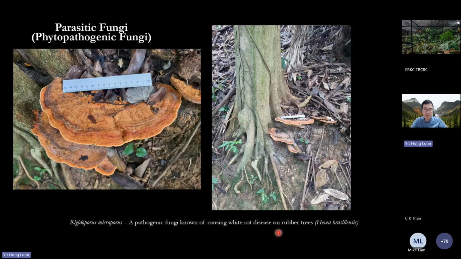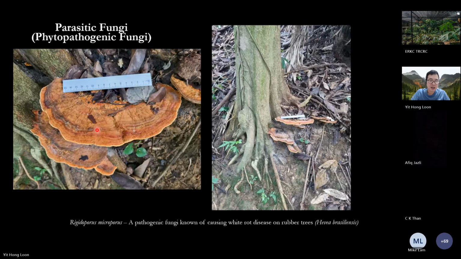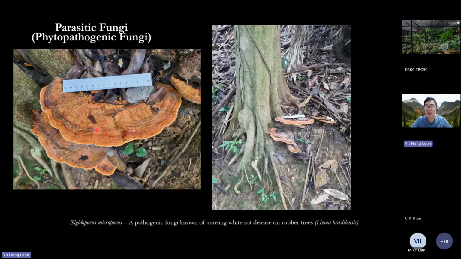Of course, people from the plantation industry, like rubber trees, palm oil plantation, they hate this kind of fungi lah. So it will attack their plantation and then reduce their crop yield. So they'll tend to put a lot of fungicide to kill this kind of fungi.